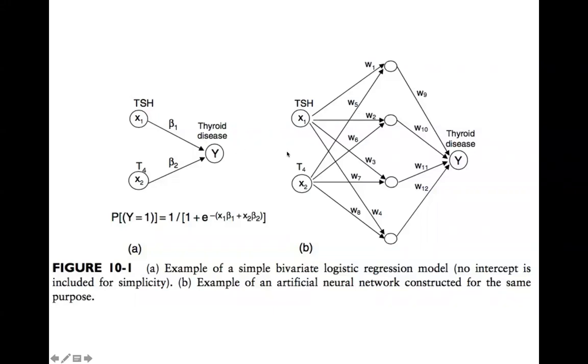Okay, this is another example about knowledge presentation for thyroid disease. On the left-hand side, this is the algorithm to predict thyroid disease. You can see the TSH function and the T4 function. Based on these two, we can create a bivariate logistic regression model.